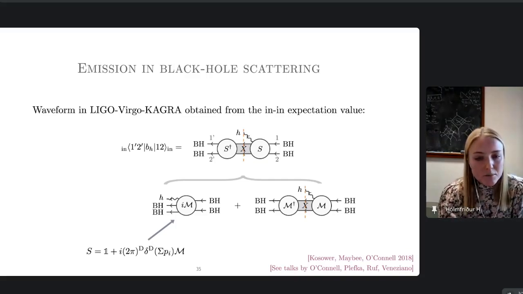We get the scattering amplitude for black holes to scatter to a graviton and two black holes. And then we get plus this cut term here, where we have basically an amplitude for black holes to graviton plus anything, and then that anything scatters through the conjugated element to black holes.